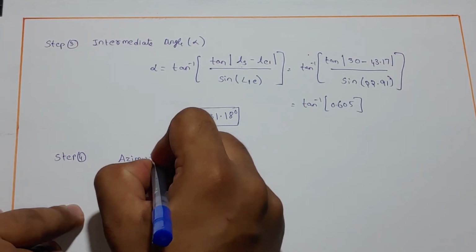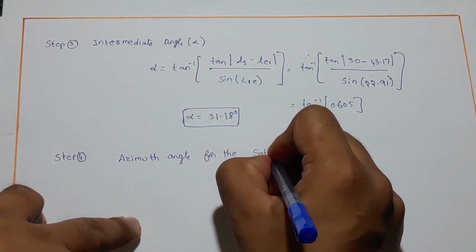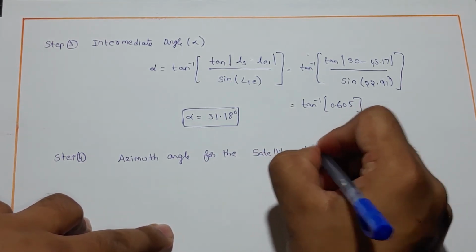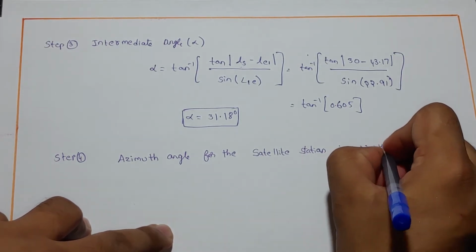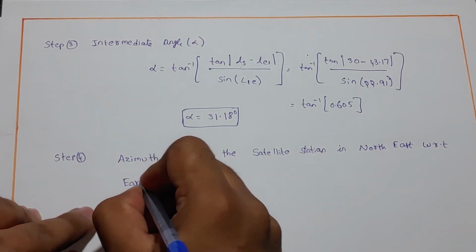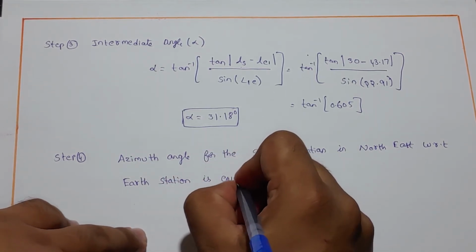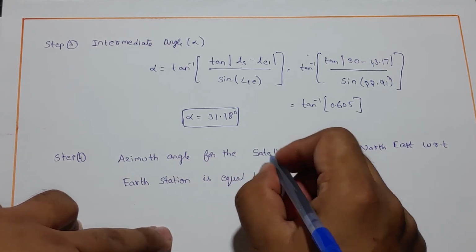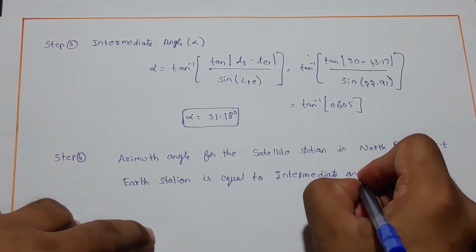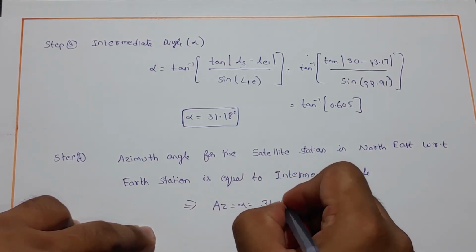azimuth angle for the satellite station in northeast with respect to H station is equal to intermediate angle, that is azimuth angle is equal to intermediate angle is equal to 31.18 degrees.